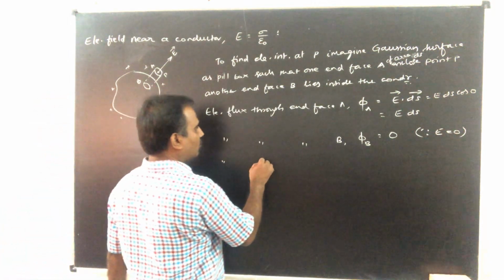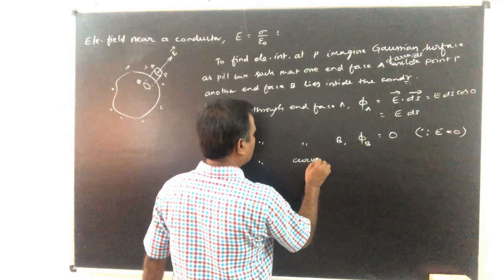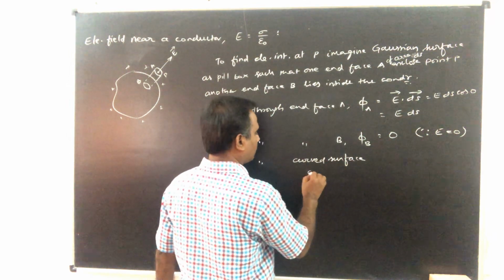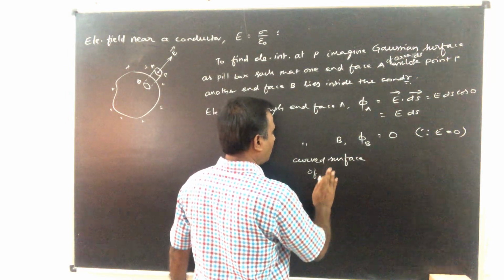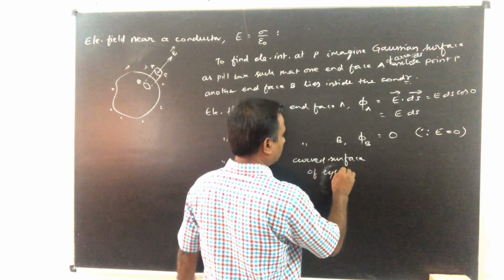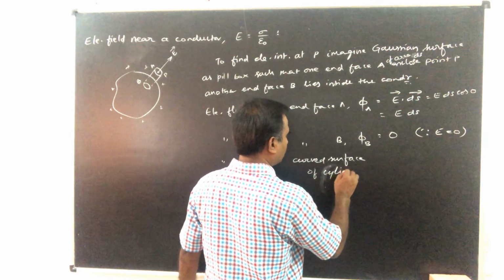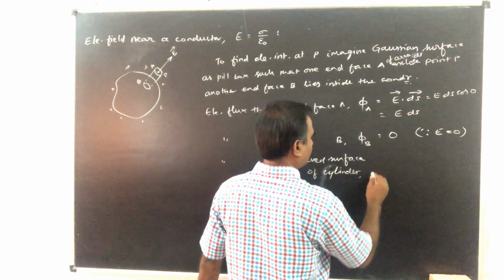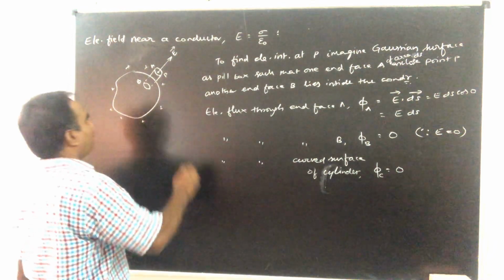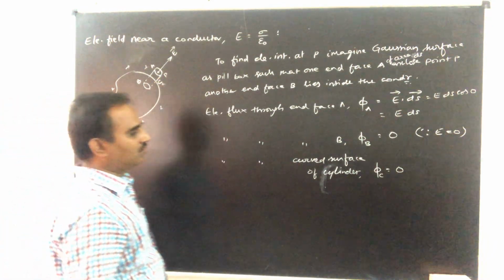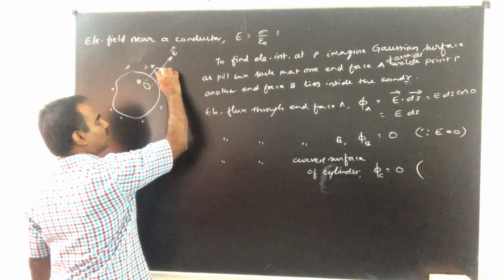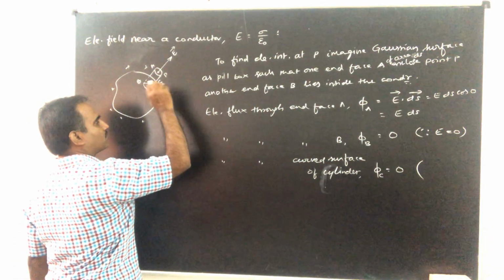Next, electric flux through the curved surface of the pillbox or cylinder, phi C, is also 0 because electric field is tangential to the curved surface.